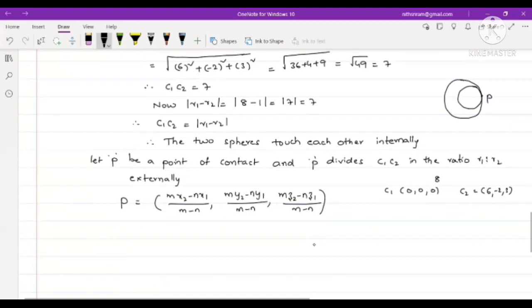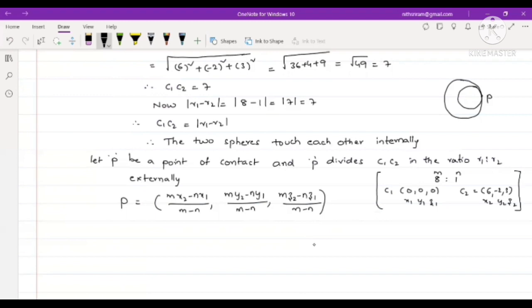Treat these as m and n. The center 1 is x1, y1, z1, and center 2 is x2, y2, z2. We have to substitute these values in the formula. This is rough work for understanding.